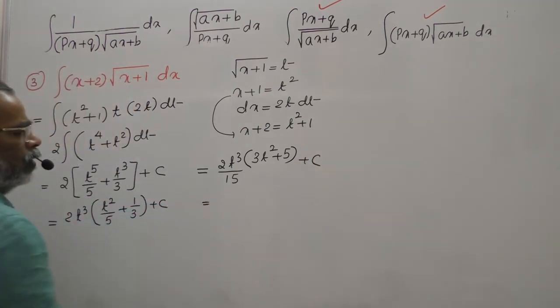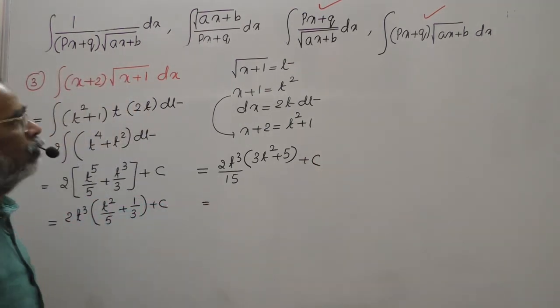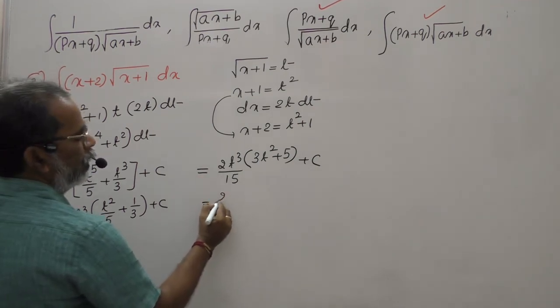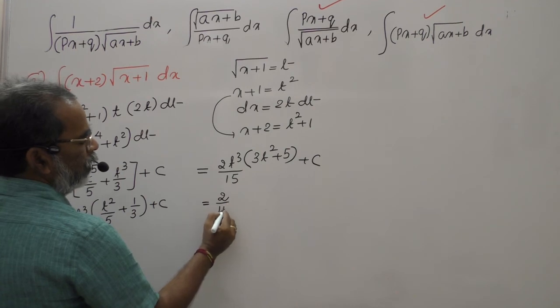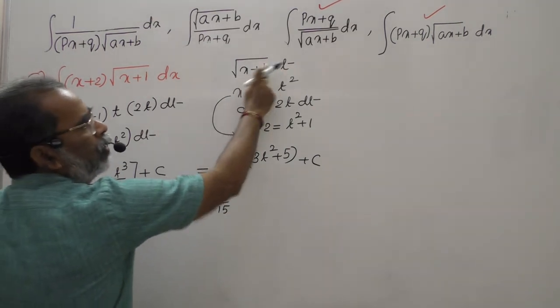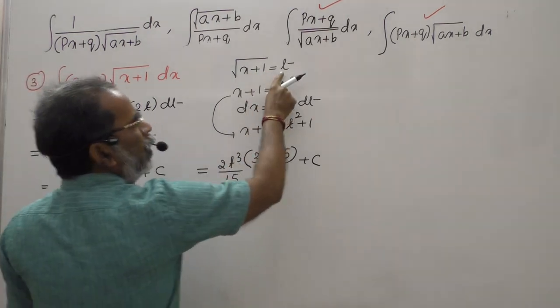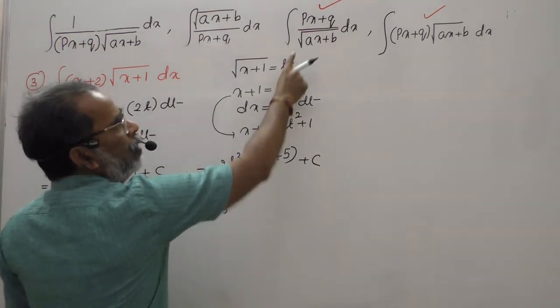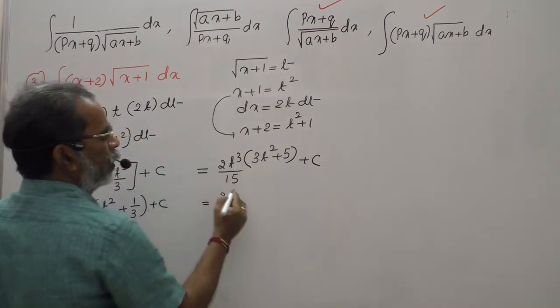Yes, now we will substitute the t value. We will obtain in terms of x. See carefully. What is this? 2 by 15 is constant. t cube. This is t. t means what? t is (x plus 1) whole power, root means 1 by 2. t cube means 3 by 2.